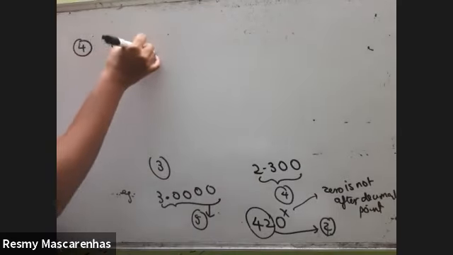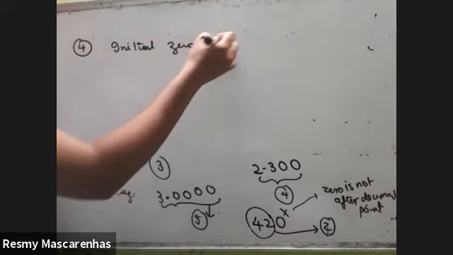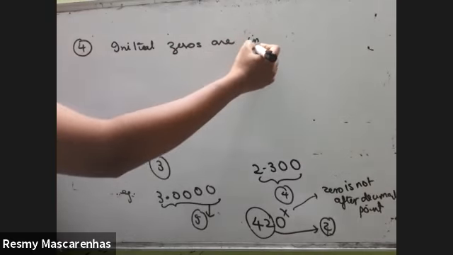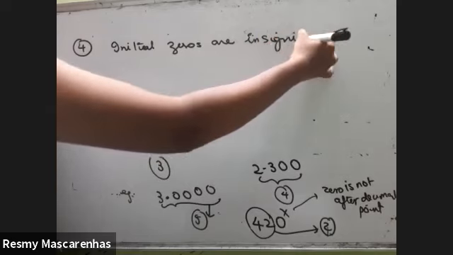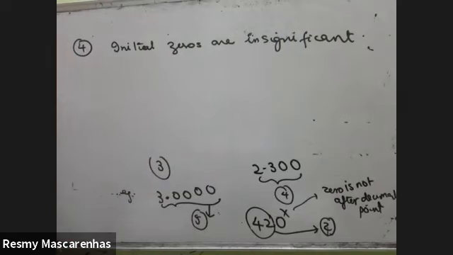Initial zeros are insignificant, not to be considered significant. And suppose they are not towards the end, what is to be done?